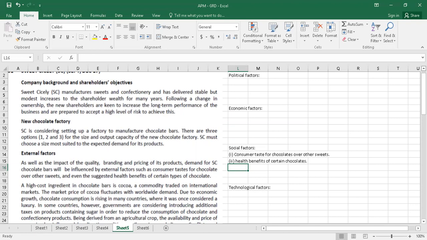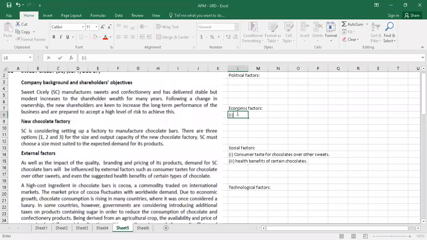So imports and exports definitely have an impact on the balance of payment, etc. So that aspect of fluctuation in the prices of the ingredient which is being imported will have an impact on the economy. So that will be taken under economic factor.